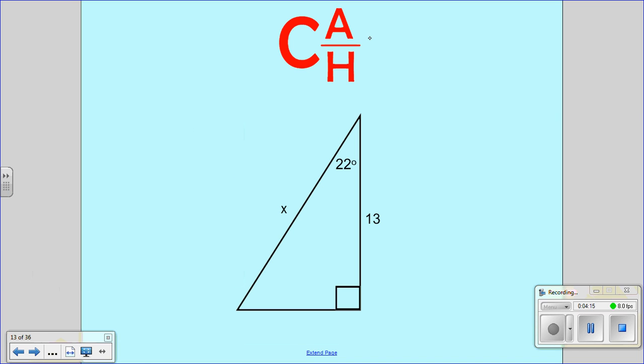All right. Cosine, by definition, was adjacent over hypotenuse. So if I wanted to know the cosine of 22 degrees, it would equal the adjacent side. So here's 22. The adjacent side, or next to the side, is here, 13, over the hypotenuse, which in this picture, the hypotenuse is x.